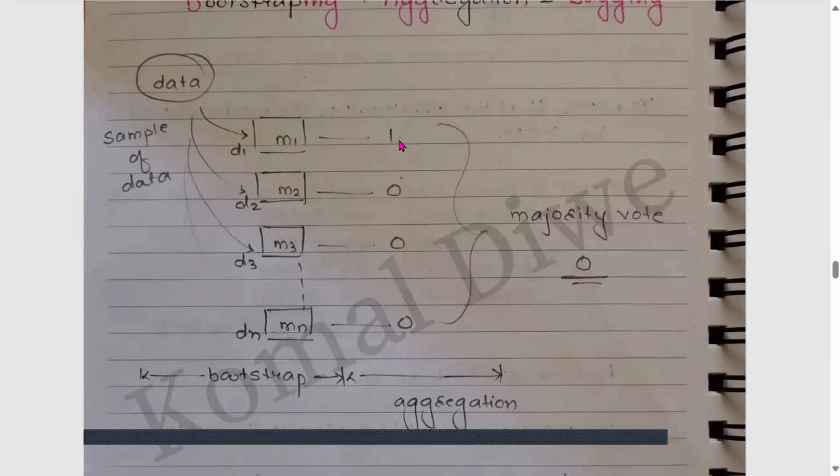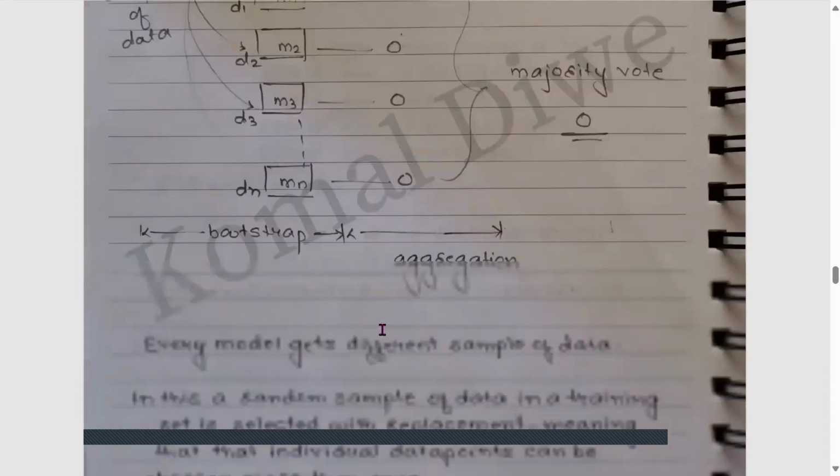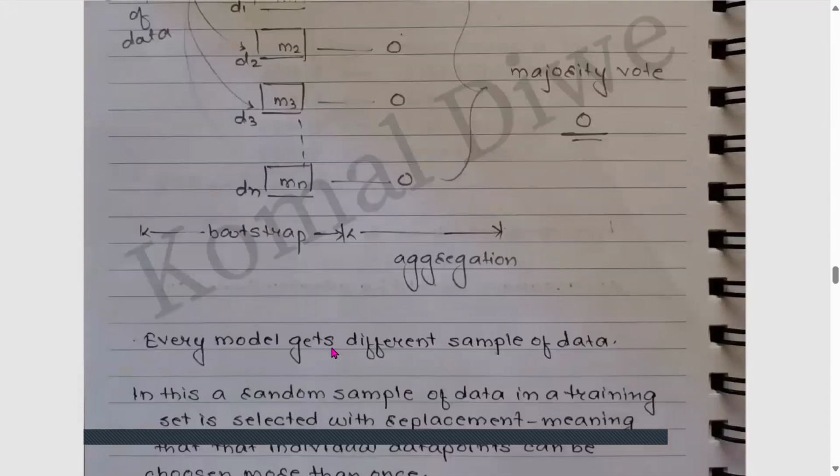So the outputs of the individual models are 1, 0, 0, 0, and the final voting is by majority: the majority of the outputs are 0, so the final output is 0. The process from data to the individual output of the models is called bootstrap, and from the individual outputs to the final output is called aggregation.